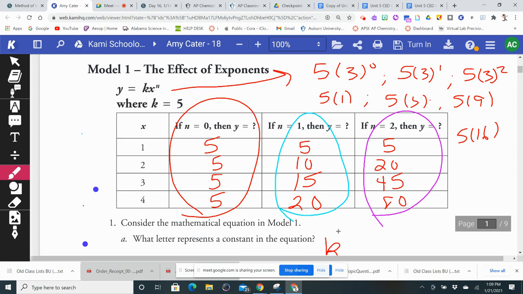So when x triples, so when we go from 1 to 3, what happens to the y's? Quadruple? Squared. Not quadruple. It's not just squared either. Yes, the correct mathematical term would be exponential.